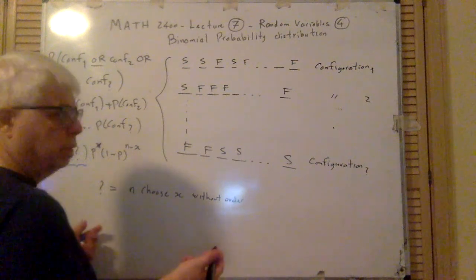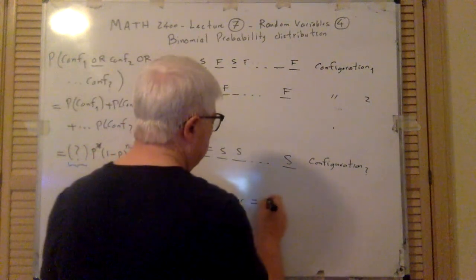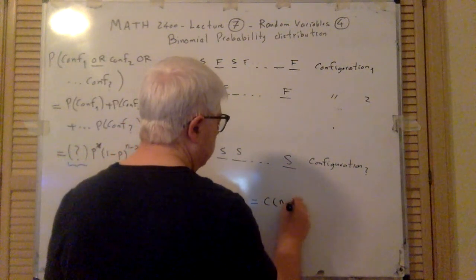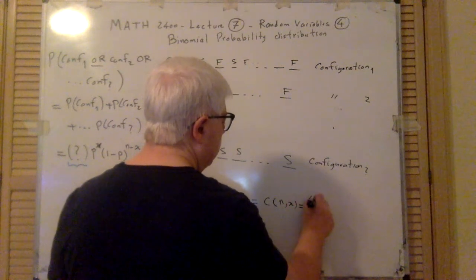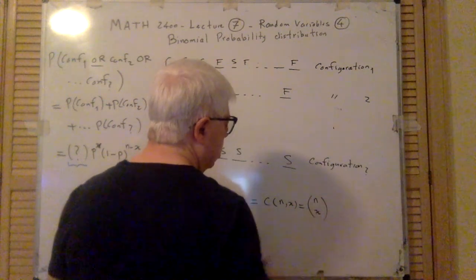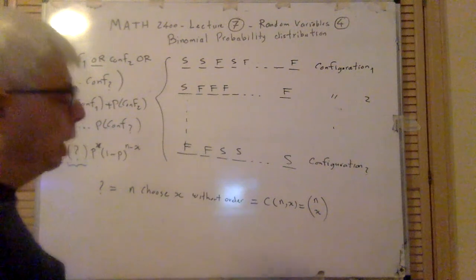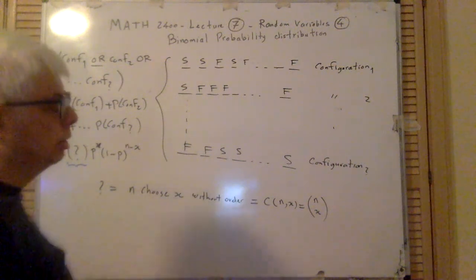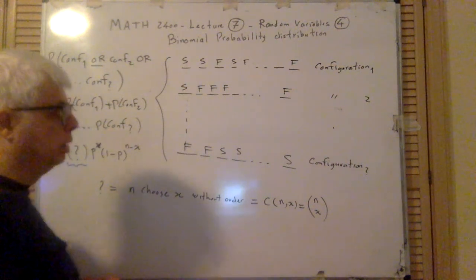Okay, so what is that? That's simply C(n, x), or as we wrote it in this binomial form, (n x). Right?